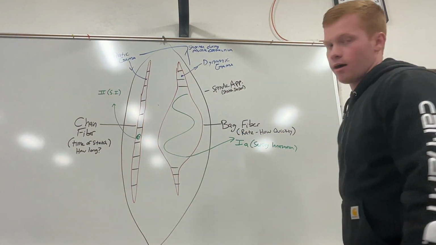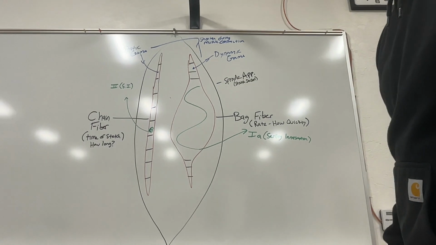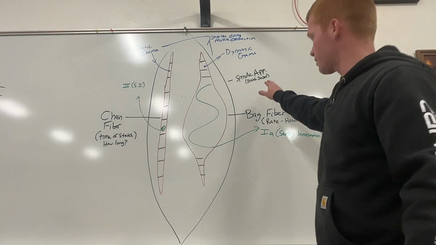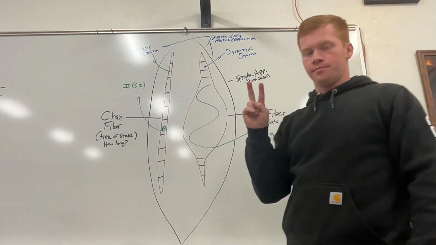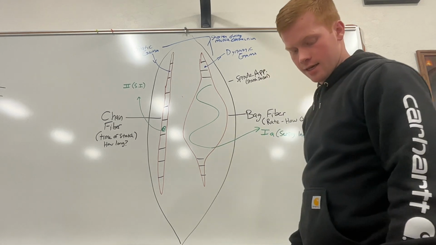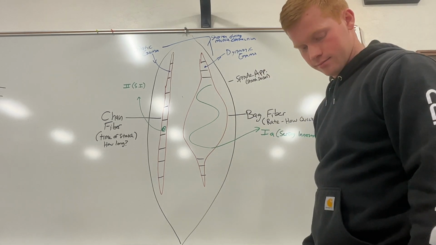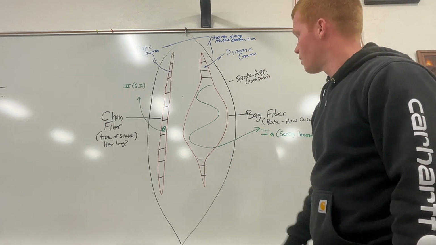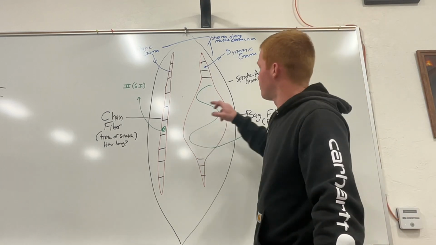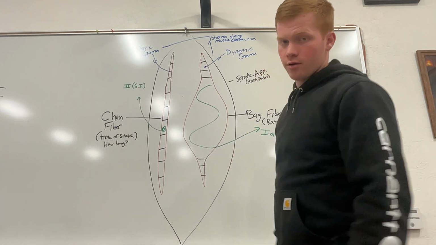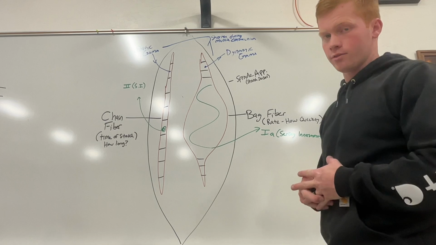We're going to talk a little bit about the spindle apparatus. These are important because they detect stretch. We have a chain fiber and a bag fiber, and those are found within the muscle itself.